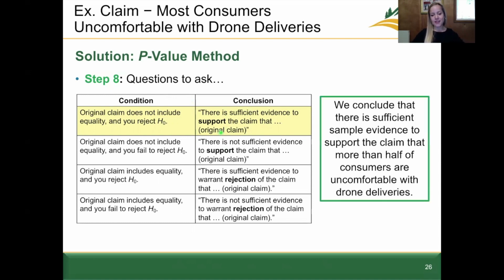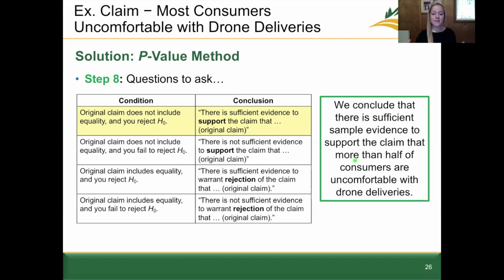Let's do that for our example. So there is sufficient evidence to support the claim that more than half of consumers are uncomfortable with drone deliveries. That's really the same wording here. We conclude that there is sufficient sample evidence to support the claim that more than half or most or a majority of consumers are uncomfortable with drone deliveries.